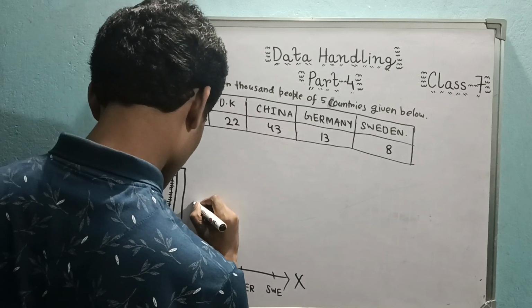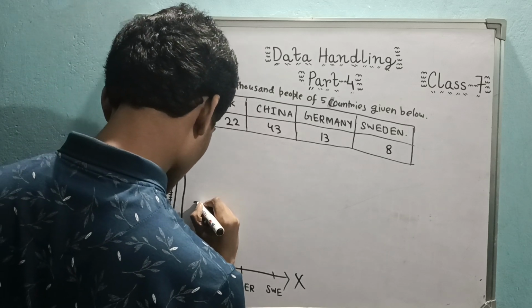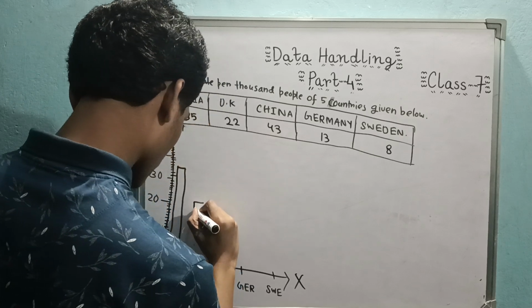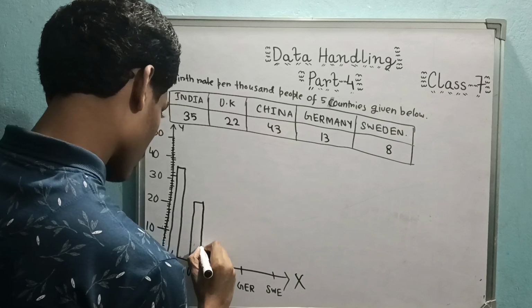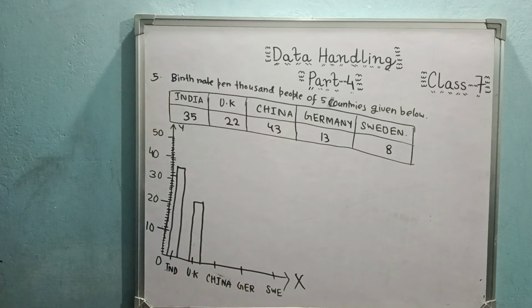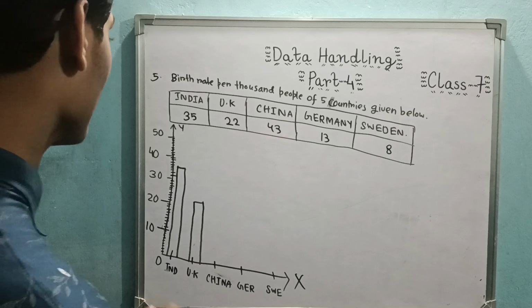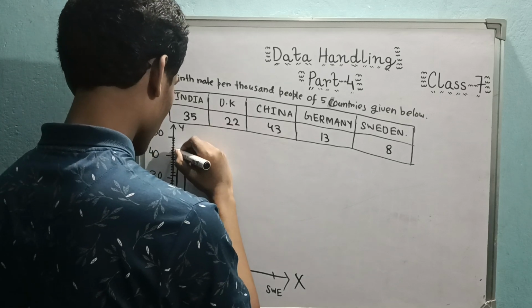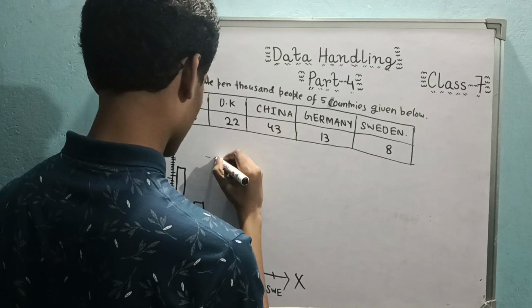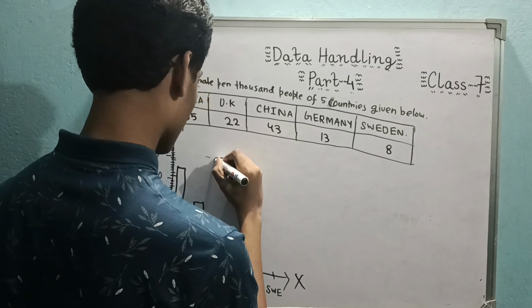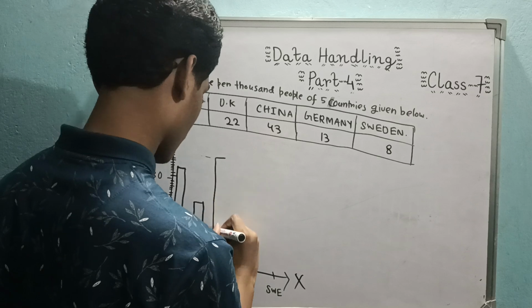Mark the apex on 22 in the frequency line. Bring it down as a bar on UK. The apex has to be marked properly. China 43: 40, 41, 42, 43. Mark the apex on 43. Bring the bar down on China.